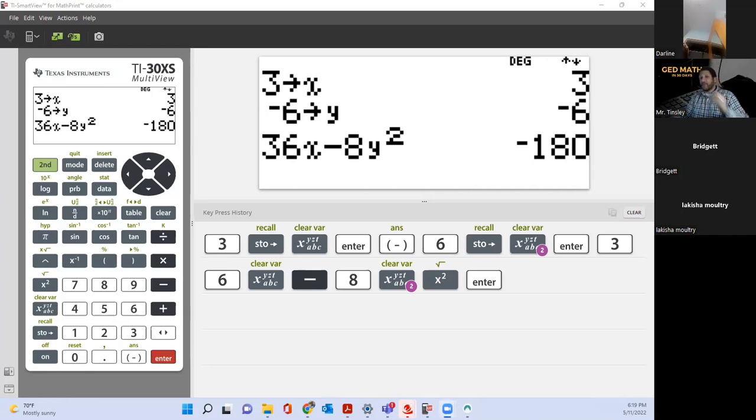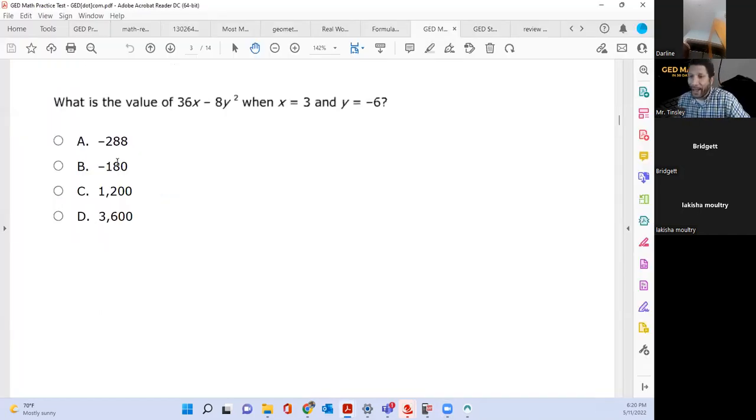All right, now, let me see if I can find a more difficult one where you might say, oh my goodness, how would you do that, Mr. Tins? Let me see if I can find one. Evaluating a function word problem. Let me see if I can find one on the internet that we have never seen before. Boom.